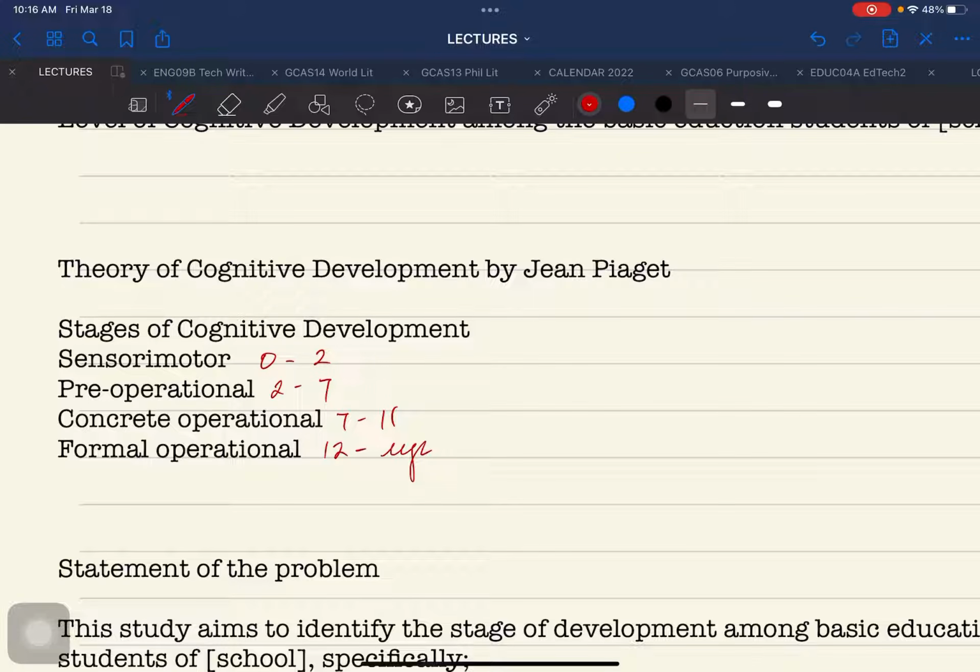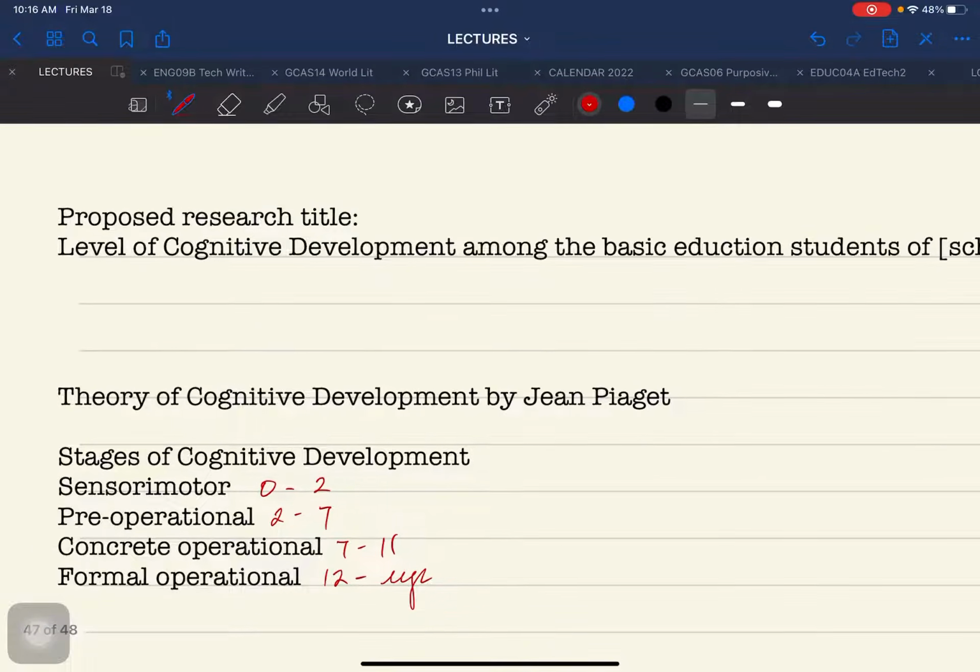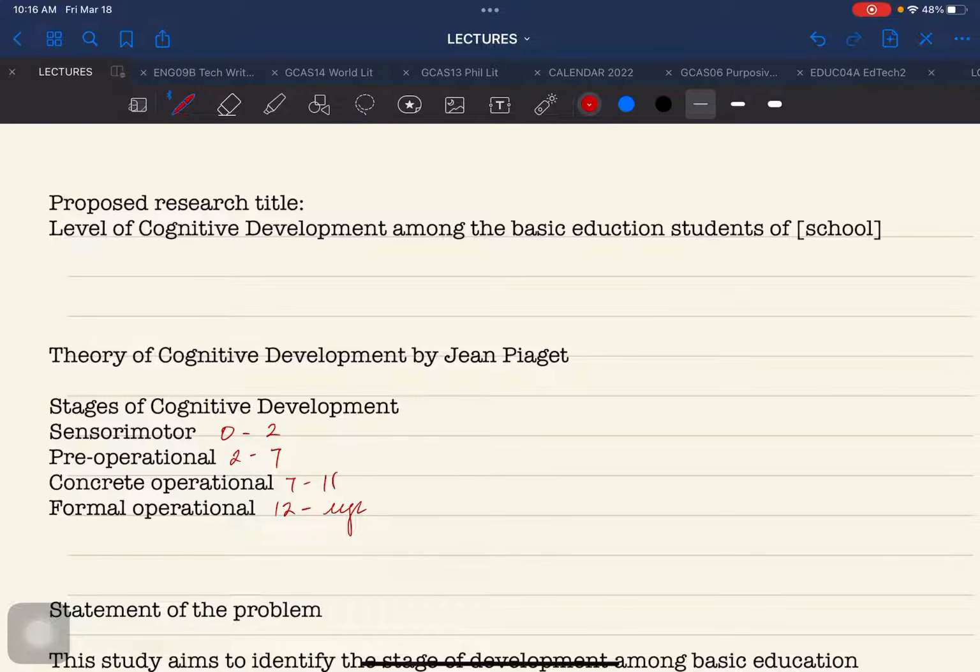Okay, so in a particular level of respondents, if you want to use kindergarten, you can already try to see an overview of what will happen.